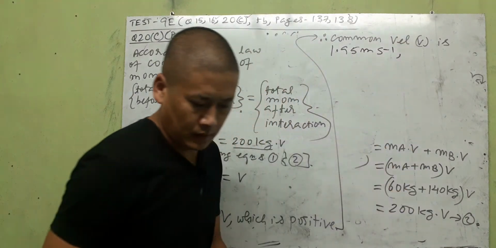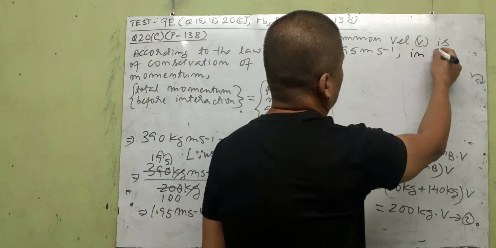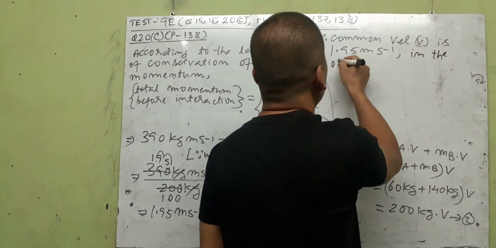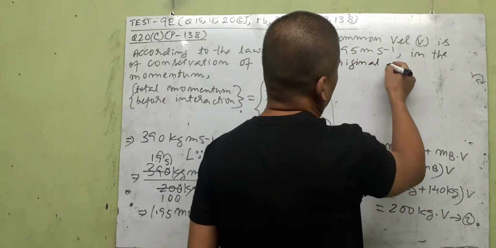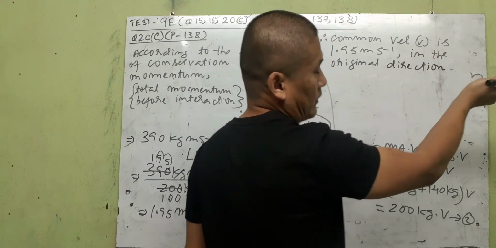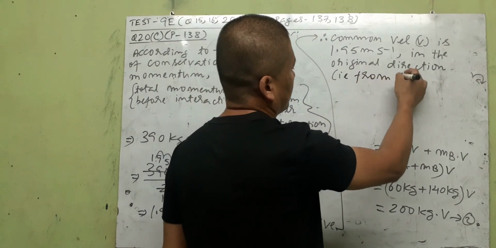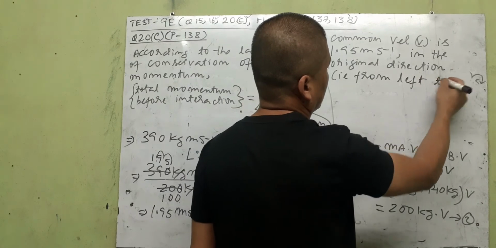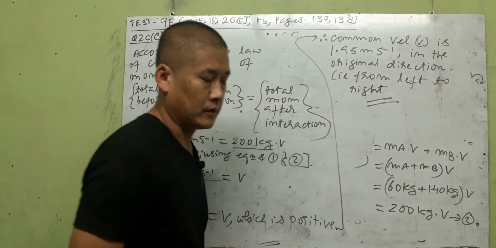Because it is positive, we write that in the original direction both objects were moving from left to right. After calculating, plus still means left to right, the original direction. So this is your final answer, the common velocity.